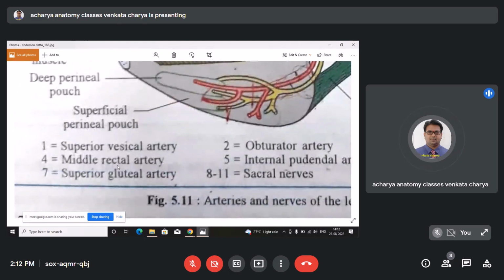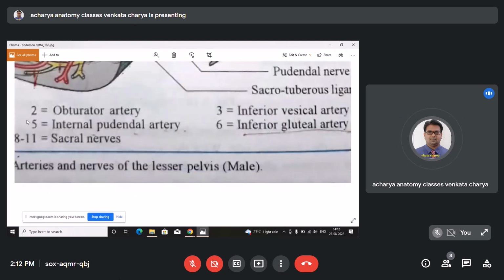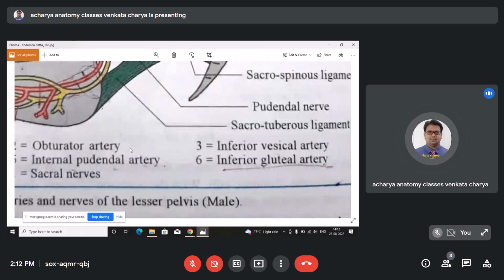Next, the middle rectal artery supplies the middle part of the rectum. Next, the inferior gluteal artery supplies the lower part of the gluteal region.